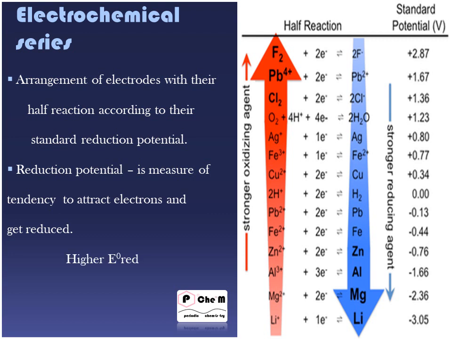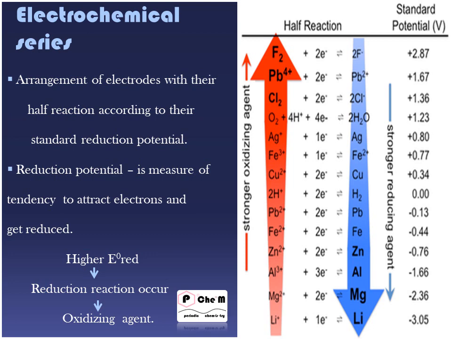When there is a higher reduction potential, that reaction has a tendency to undergo a reduction reaction. And the reagent which itself undergoes a reduction reaction is an oxidizing agent. So we can tell that whenever there is a higher reduction potential, that reagent is going to be an oxidizing agent.